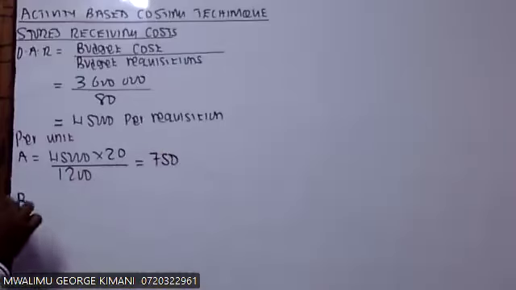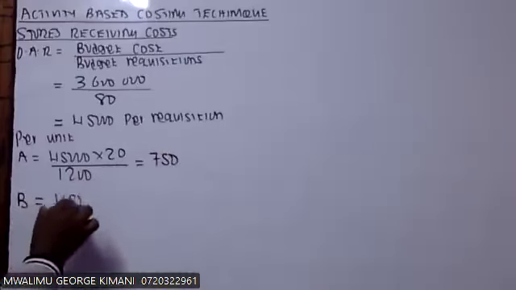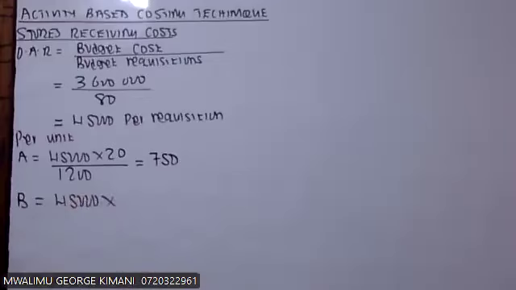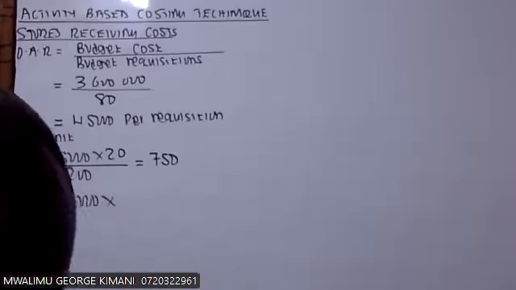Let's go to B. You take 45,000 times 20.